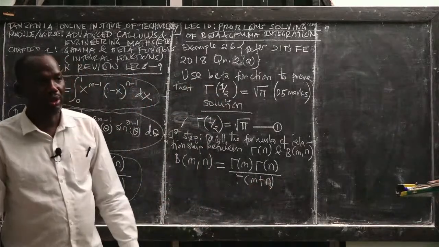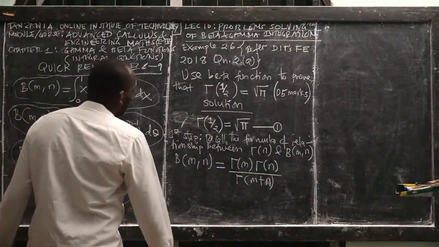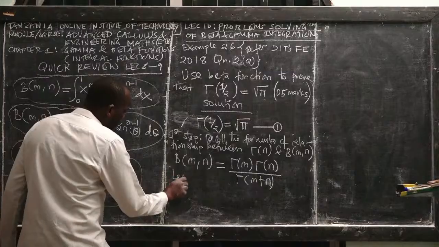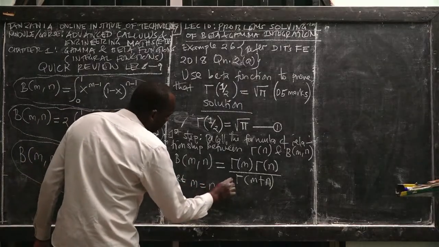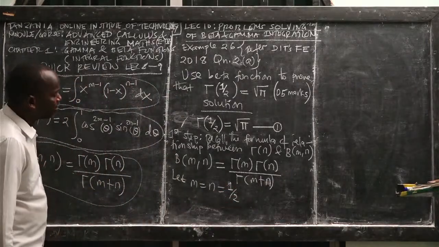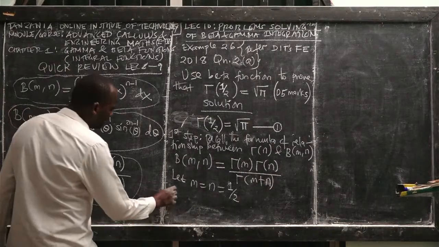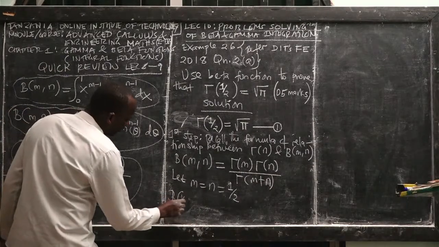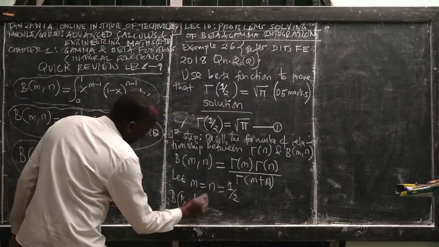This is the formula that will help us travel. Then we let m is equal to n is equal to a half.